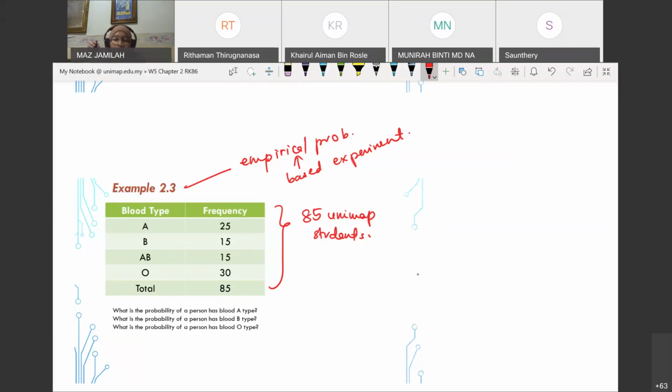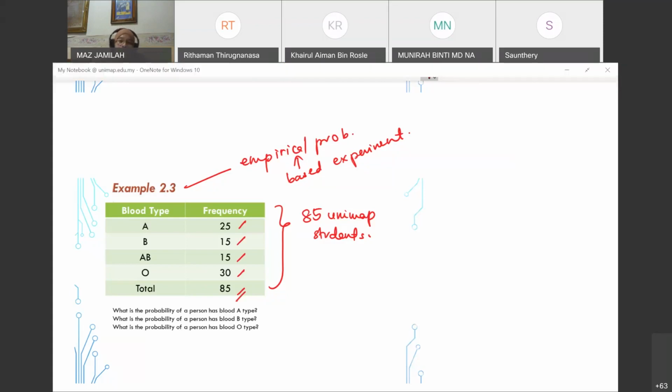So these are the information I got after I finished asking all the 85 students what their blood type is. It turned out of 85, 25 students have blood type A, 15 B, 15 AB, and O, 30.